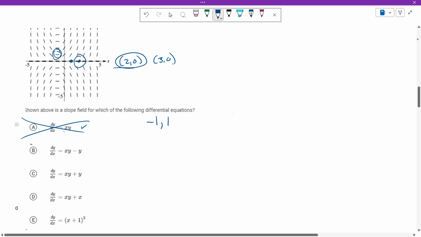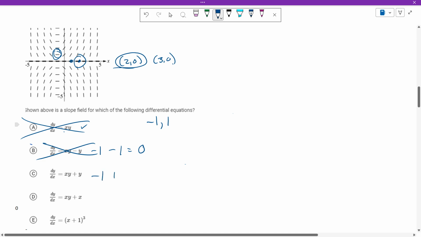So let's try this point here. -1, 1 is -1 times 1, which is -1, minus 1 equal to 0. So it's -1 minus 1. Does that equal 0? No. So that one doesn't work.